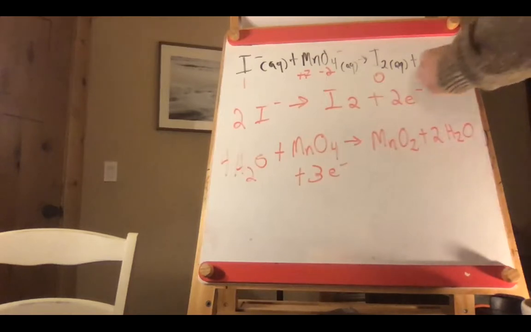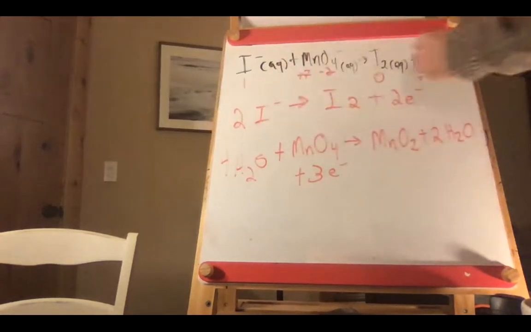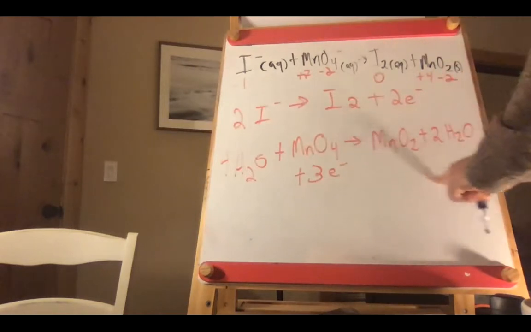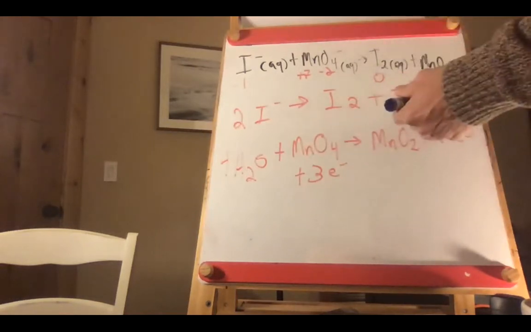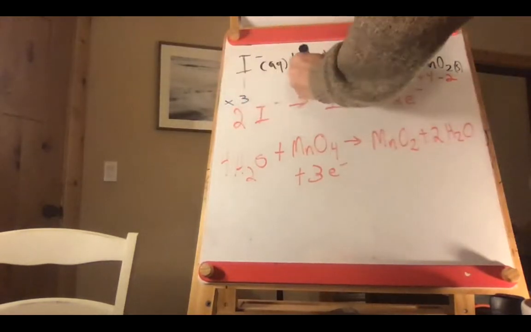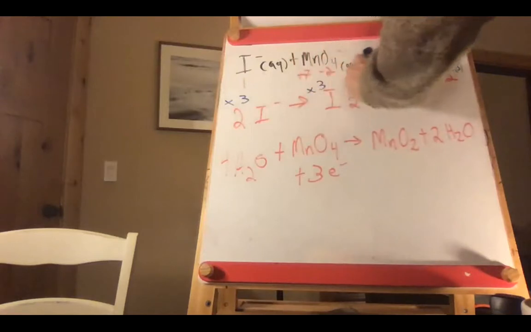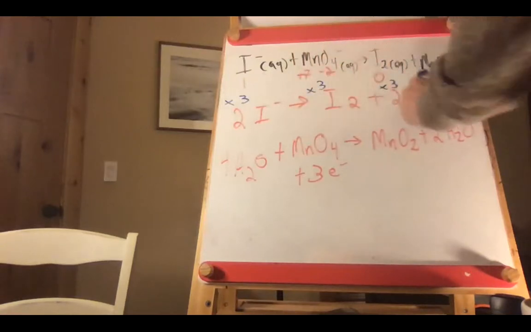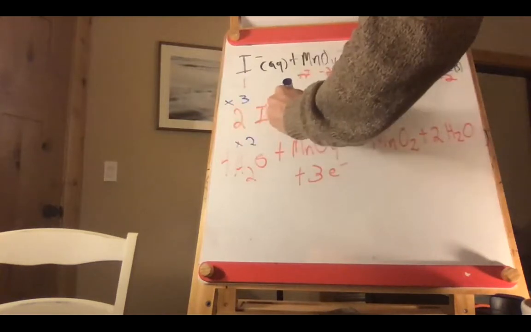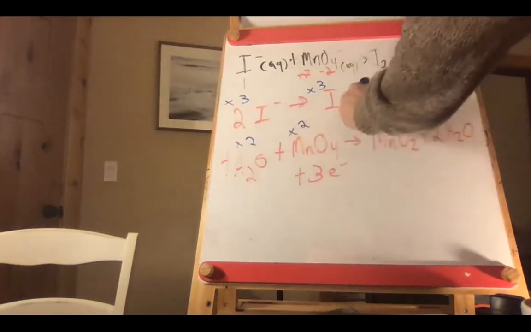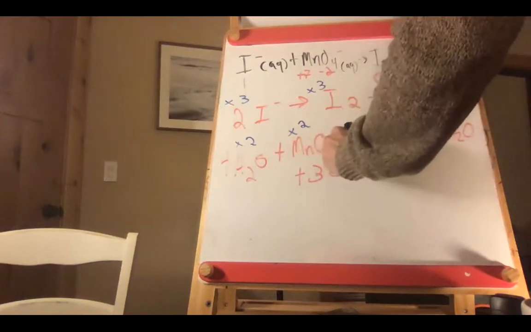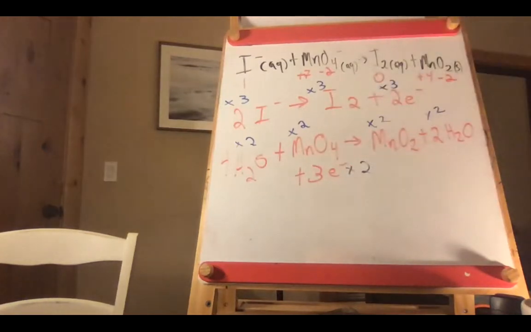So let's multiply everything in this top reaction by 3 and everything in this bottom reaction by 2, okay? So we multiply this by 3, by 3, by 3, and we multiply this by 2, times 2, times 2, times 2 and times 2.